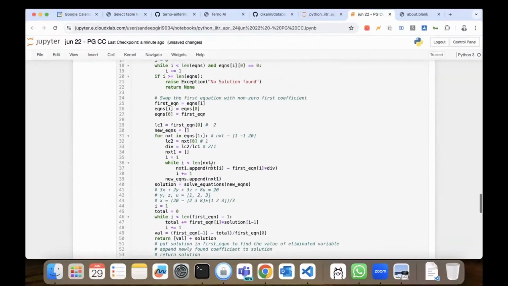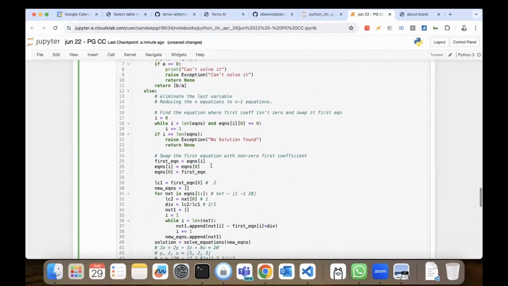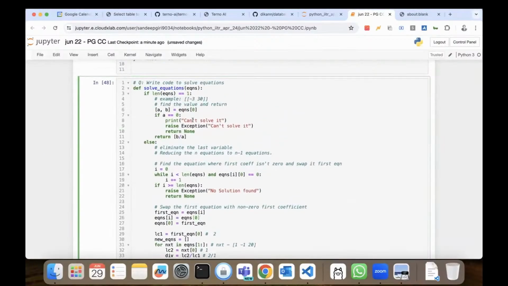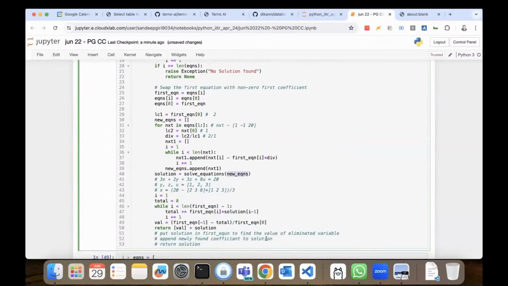The only problem with this approach that you see here is this. A big problem is that every time we are creating a new array, you see new equations are being created and put into this and then going ahead. So it's taking too much memory, right? Ideally, that's not really needed.